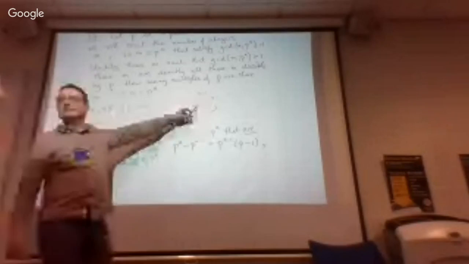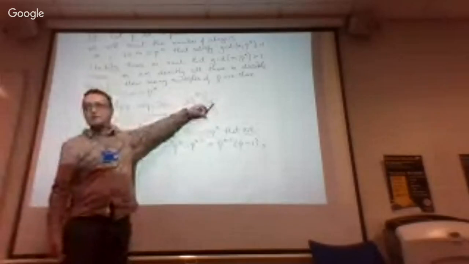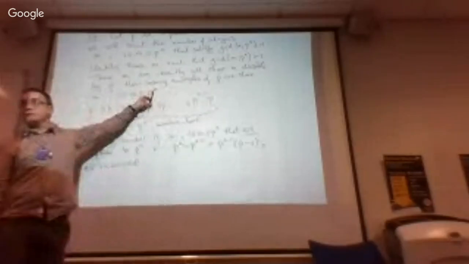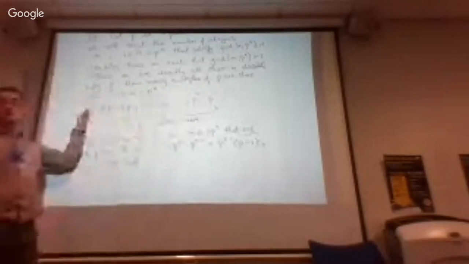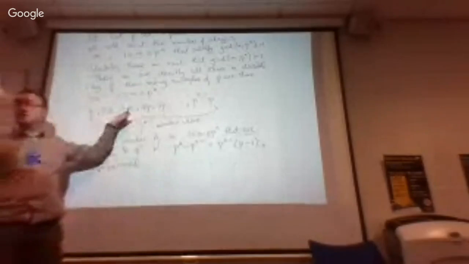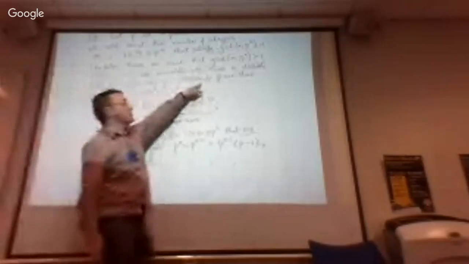Here. So it's p to the power a minus 1 times p. So it's p to the a. Yeah. But I wrote it in that way to fit in with this pattern: 1 times p, 2 times p, 3 times p. Because remember, I'm counting the multiples of p.